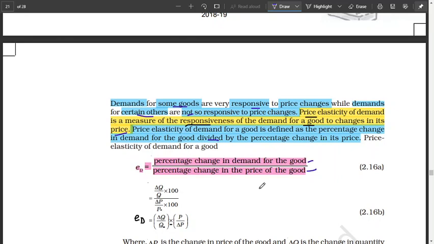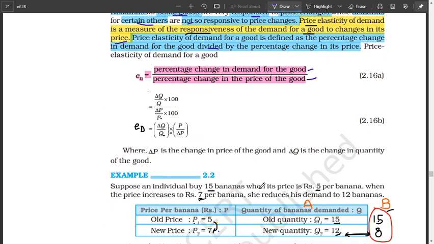Then you'll be able to get some answer. That answer, whatever it is, will be the elasticity of demand. Elasticity of demand tells us the response of demand due to the change in price, due to the rise in price or the fall in price. How much do we respond?